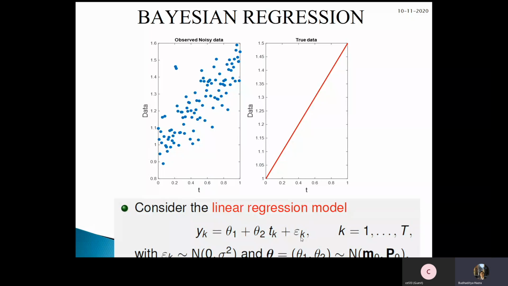So it is yk is equal to theta 1 plus theta 2 tk plus epsilon k, or you can say that yk is equal to alpha plus beta xk plus epsilon k, right? One of the most important characteristics of the linear regression model is the presence of this error term, which is assumed to be a normal random variable of zero mean and constant standard deviation, which is sometimes called the homoscedastic model.